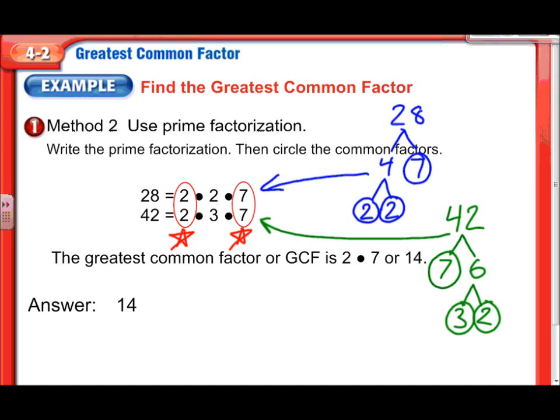So what you do is you multiply those together, and 2 times 7 is 14. So that's a different way of finding the GCF. That's my favorite. I like that a little bit better than listing out every single factor of each number. I hope you like it too, but you can use either method.